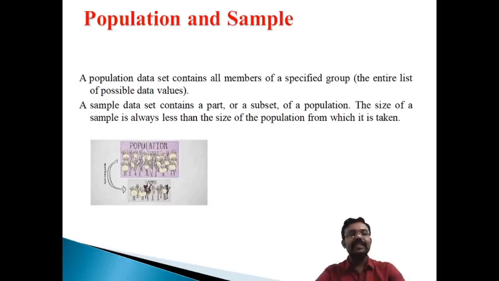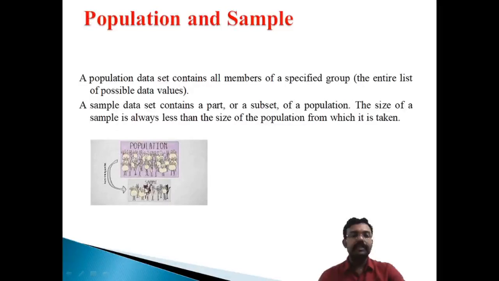So population is a data set containing all the members of a specific group, that means totality, and a sample is a part of the population. There is a diagram: there is a population and there is a sample. The population is the total number of people living in a locality, district, state or country. The sample means drawing a certain part.